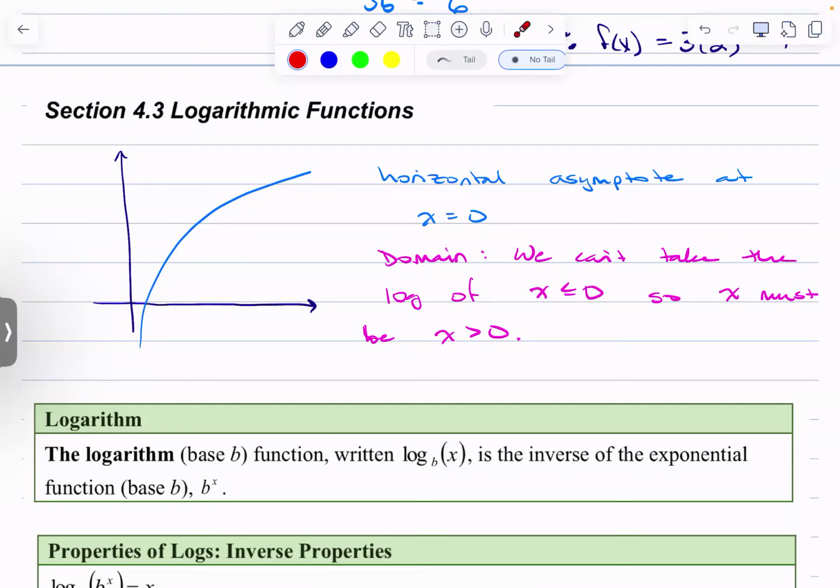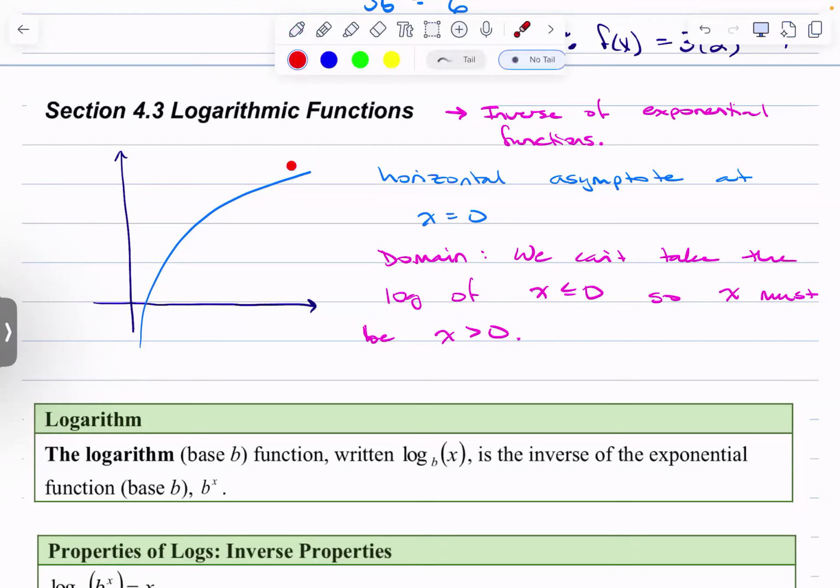Now, logarithms are kind of the inverse of an exponential function. Okay? And so it's how we undo exponential functions.